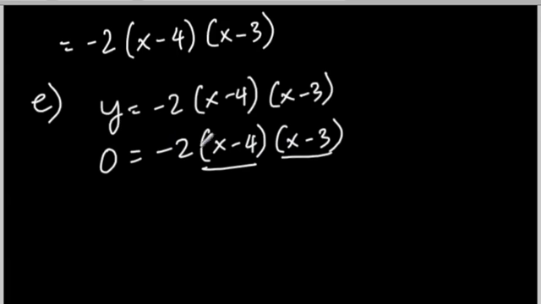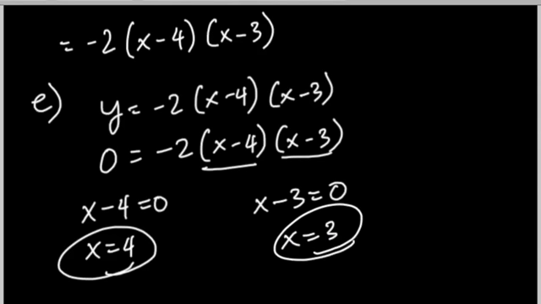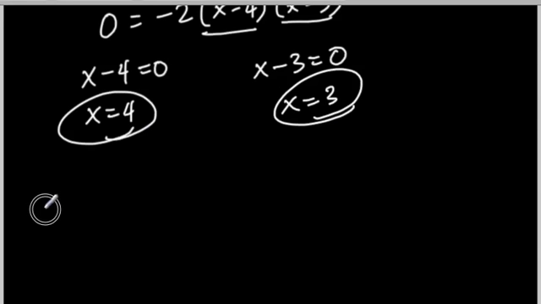So we can just set each of these to 0. So x minus 4 equals 0, so x equals 4. And then x minus 3 equals 0, so x equals 3. So these are our x-intercepts.